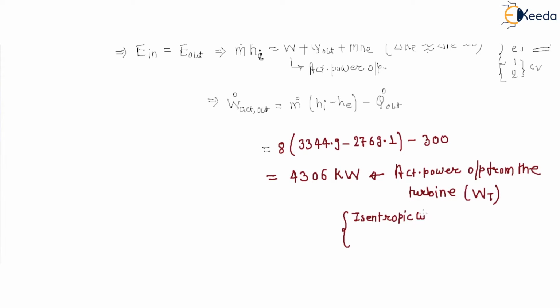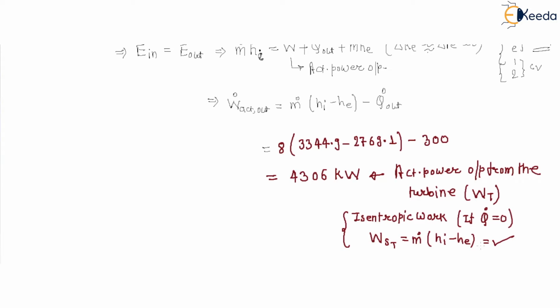If Q dot is equal to 0, then M dot times HI minus HE. This is the isentropic work.